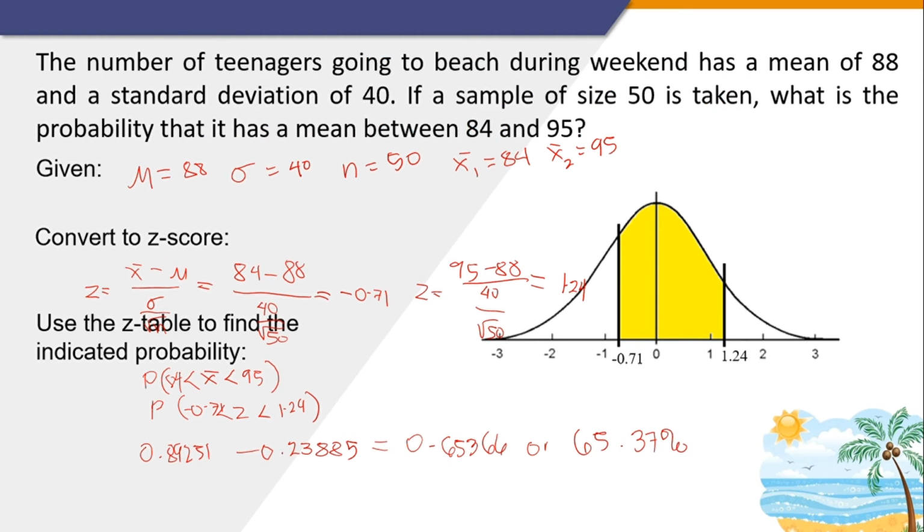So, the probability of randomly selected 50 teenagers to have a sample mean between 84 and 95 is 65.37%. So, ito yung 65.37%, yung shaded area.